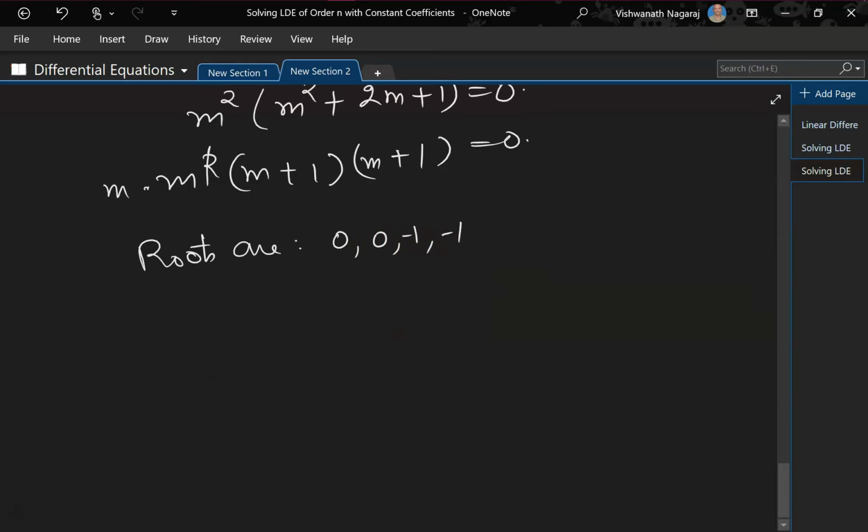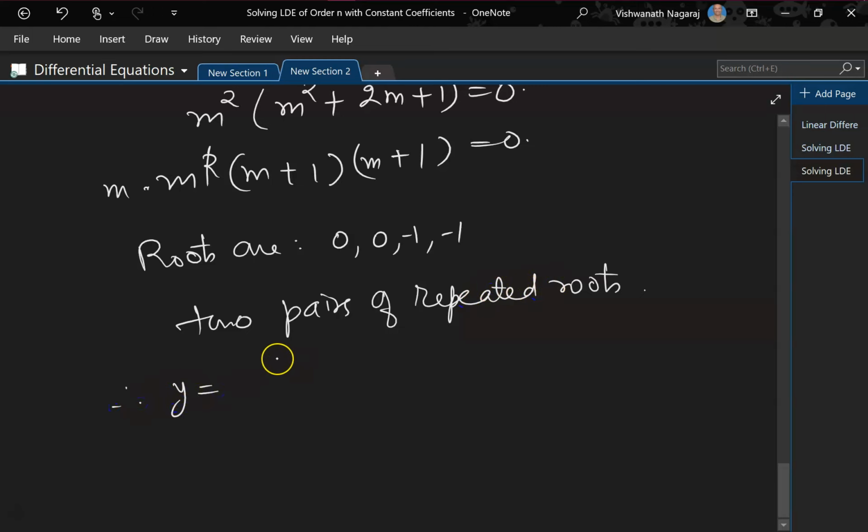Okay. So now here we have two sets of repeated roots, so 2 pairs of repeated roots. Therefore, the solution is y is equal to (c1 plus c2x) e to the power of 0x plus (c3 plus c4x) e to the power of minus x.